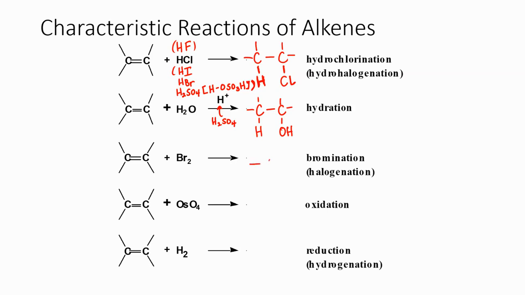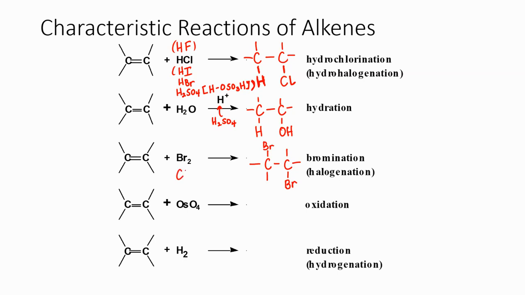In halogenation, when we break that double bond, we're going to add bromine on both sides of that carbon atom. They'll actually be added on opposite sides, or trans, when necessary.